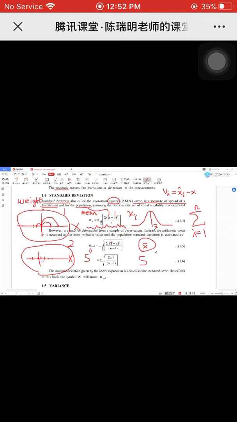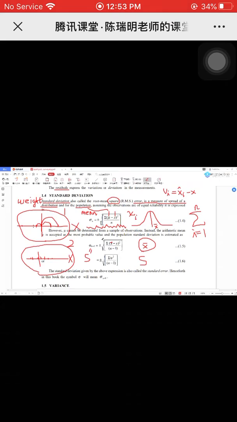So we want this to represent this one, a reasonable approximation. In this case, we call it unbiased. Unbiased means that overall, in the long run, it approximates this number.